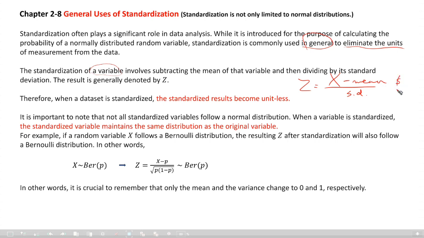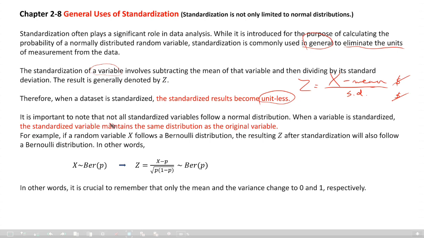Say the upper side has a dollar unit, and the bottom, the standard deviation, also has the same unit of measurement. So dollars cancel out. So it is unitless. When you standardize a value or variable, the result becomes unitless.